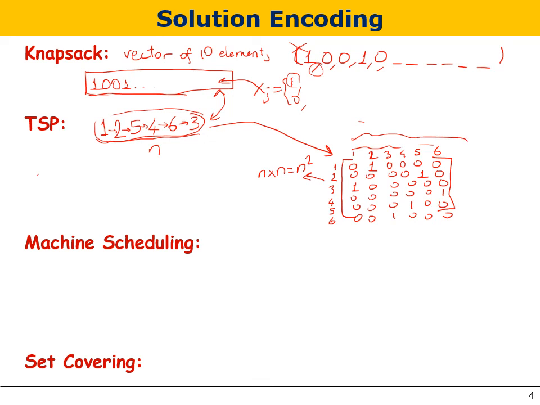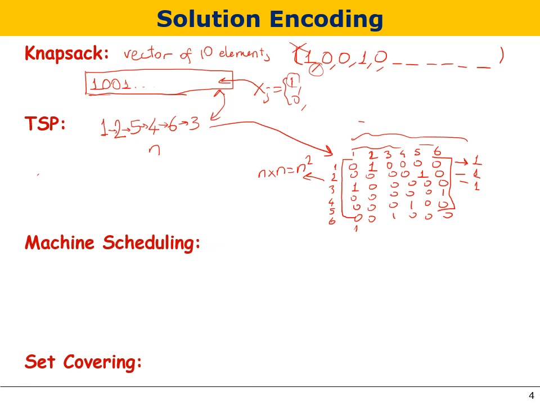Be careful: when you check the row sums, you have only one entry equal to 1 at each row, and also at each column you have only one. You need to have this, because these are the basic constraints of TSP. Otherwise, either you have an infeasible solution or you have a subtour. So for the TSP problem, the representation of the solution is usually the ordering of the cities.